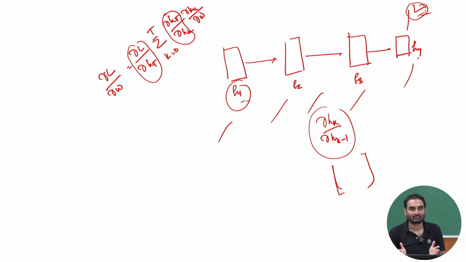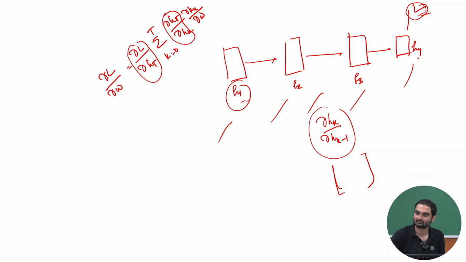What is the meaning of a small value of a matrix? You take the eigenvalue corresponding to the largest eigenvector, and if it is less than 1, then it is a small matrix. You can prove this also. Intuitively, if it's a small matrix, then the effect of the first hidden state, h1, on the loss L will be much less than the effect of the last hidden state.